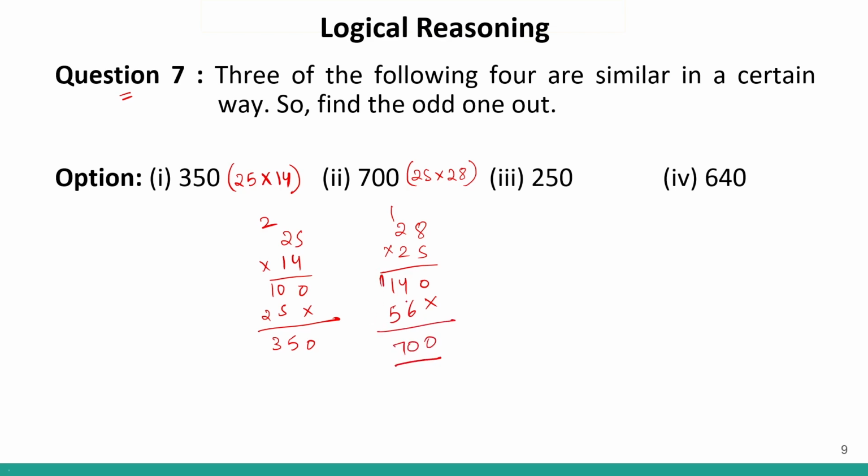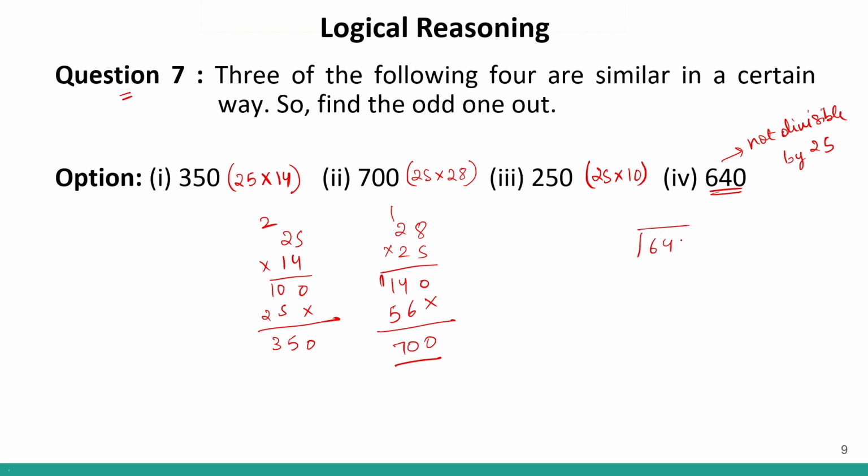I'll get 700. So 700 can be written as 25 into 28. 250 very clearly can be written as 25 into 10. But when I look at 640, this number is not divisible by 25. Or you can say this number is not a multiple of 25.